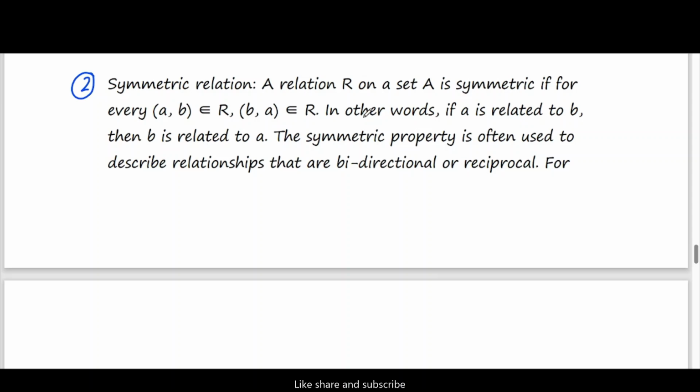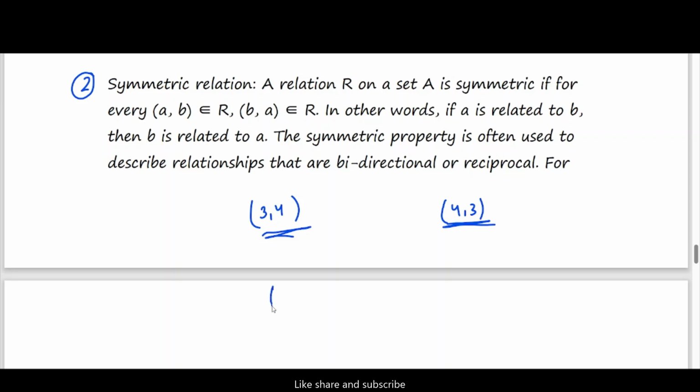Suppose (3, 4) is present in a relation, then (4, 3) should also be present in the relation. If all the elements present in the form (a, b) have their (b, a) pair present, then that is called a symmetric relation.